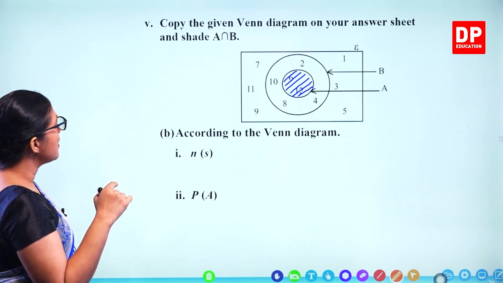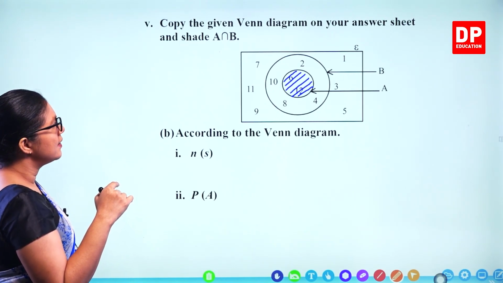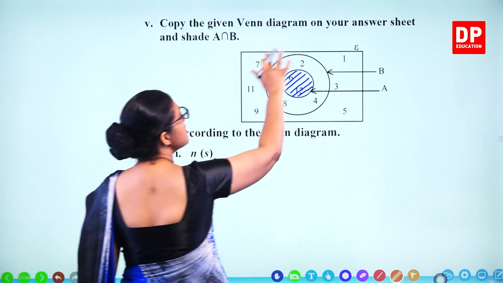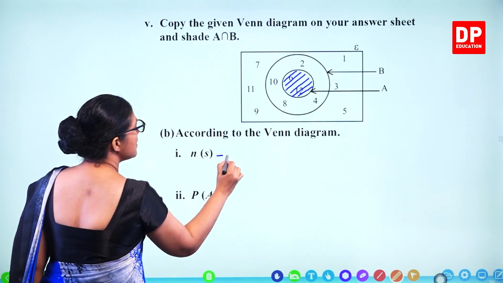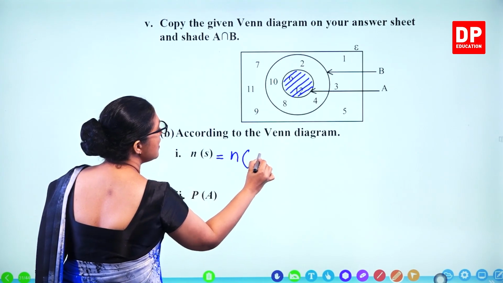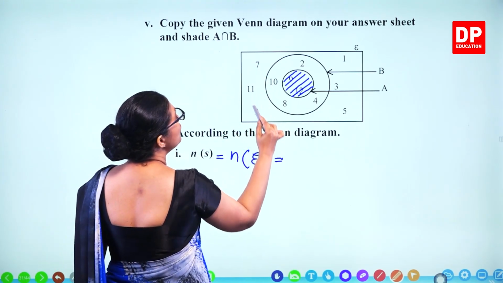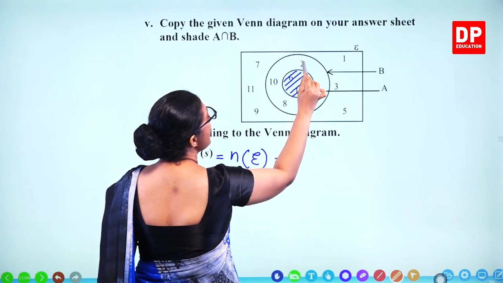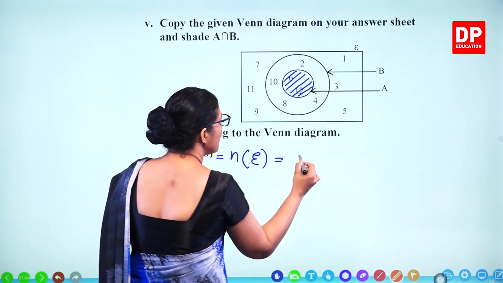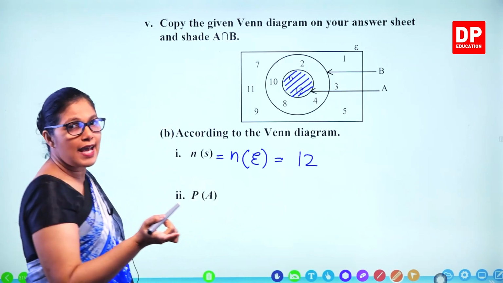According to the Venn diagram, what is n(S)? That's n(S), the same as n(epsilon), the sample space. 1, 2, 3, 4, 5, 6, 7, 8, 9, 10, 11, 12. 12 numbers inside the rectangle.